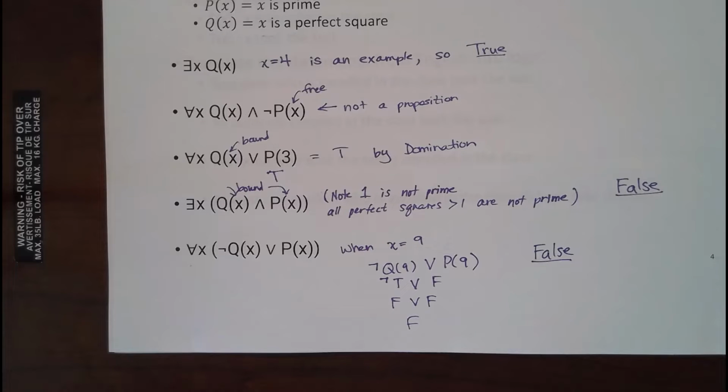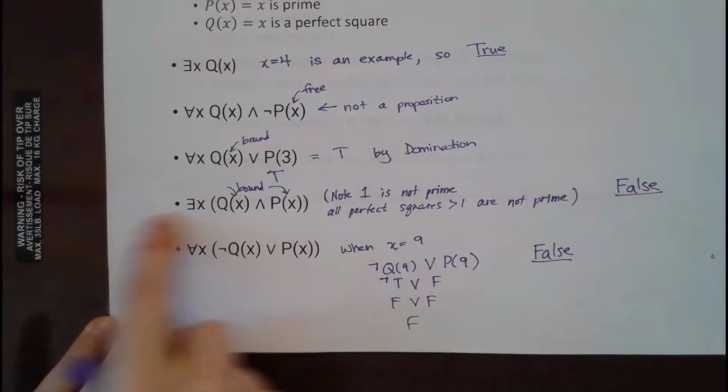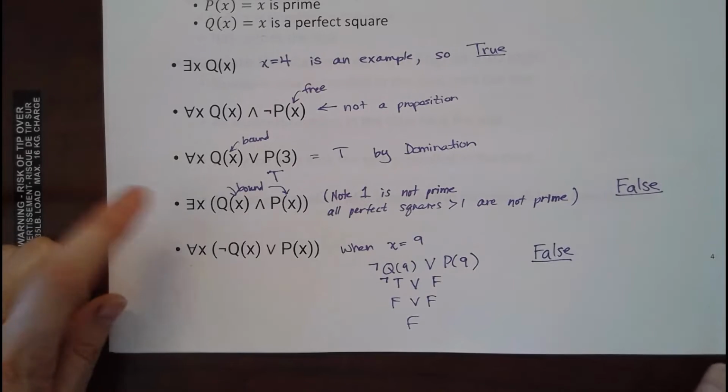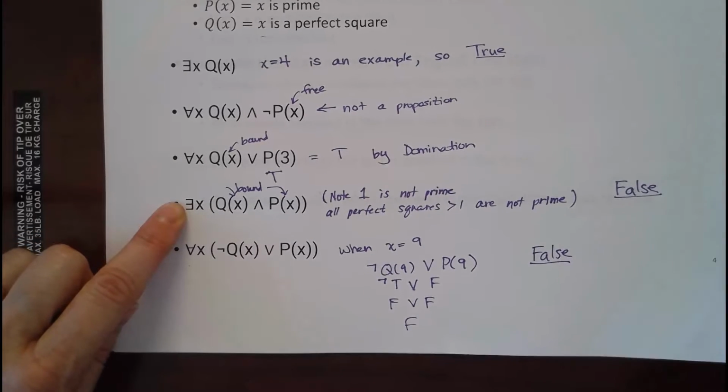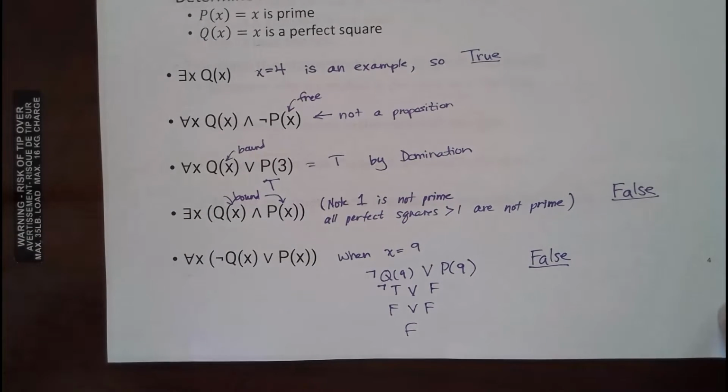So hopefully all these examples are driving home the point that if I want to prove that an existential is true, one example. If I want to show that a universal is false, one counterexample. A lot more argumentation has to go into trying to prove that something like an existential is false. I have to kind of consider every single one of them.